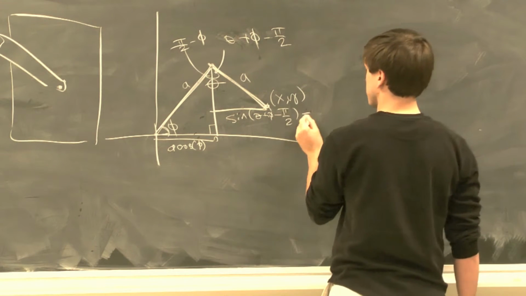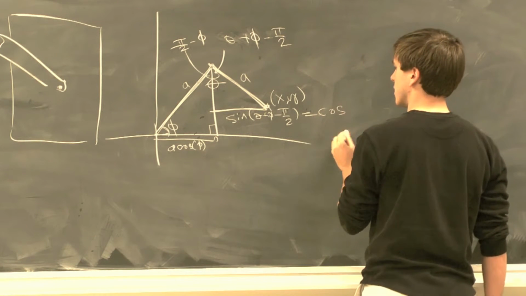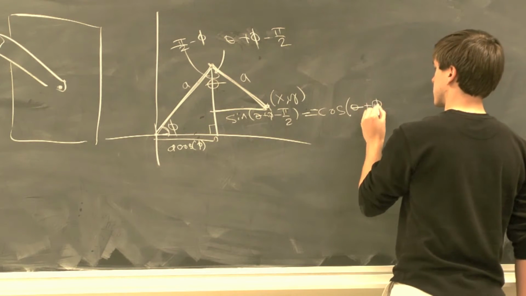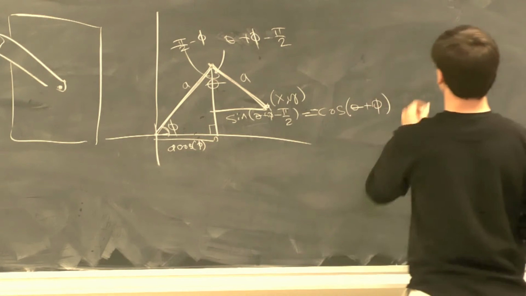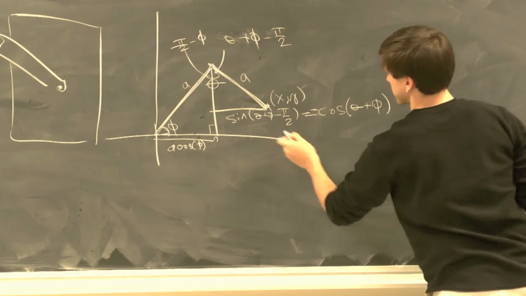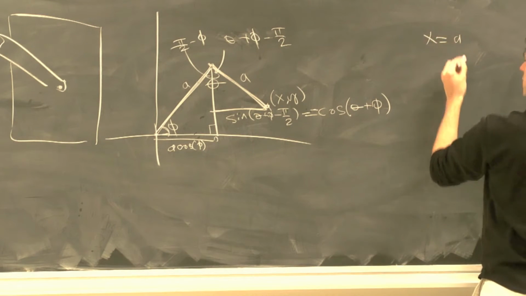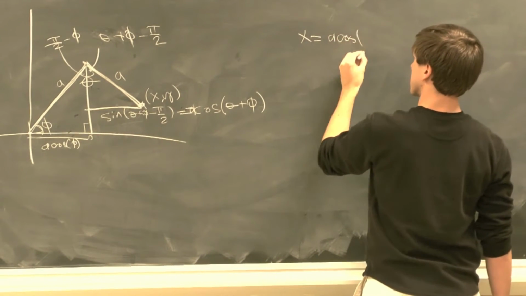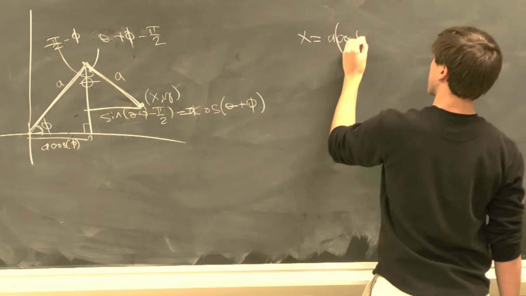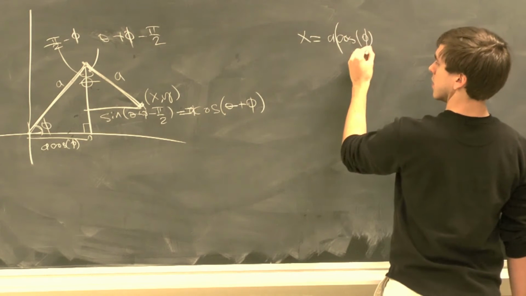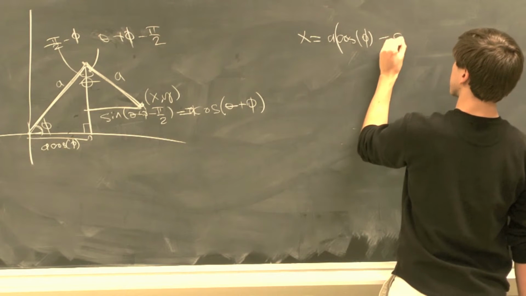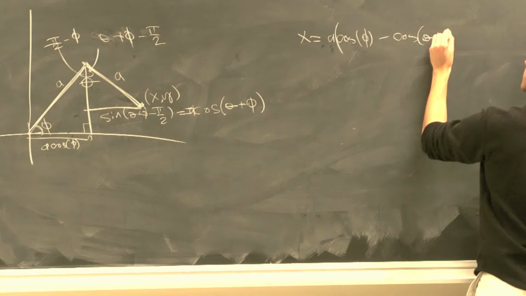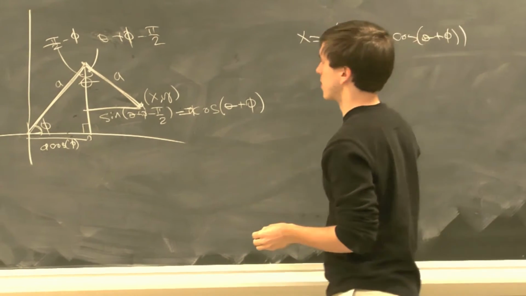One of the lesser used trig identities, this is equal to negative cosine of theta plus phi. So this whole length then, x from the origin to here equals... That would be multiplied by A, right? Yes. Equals A cosine phi minus cosine theta plus phi. So relatively straightforward.